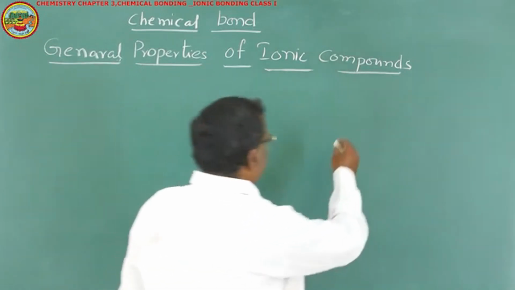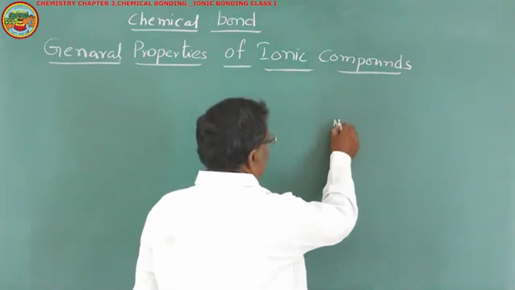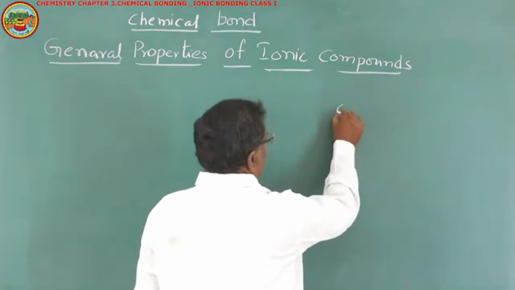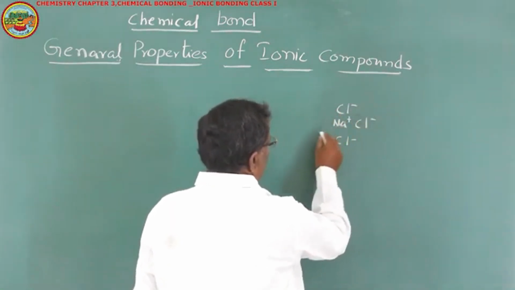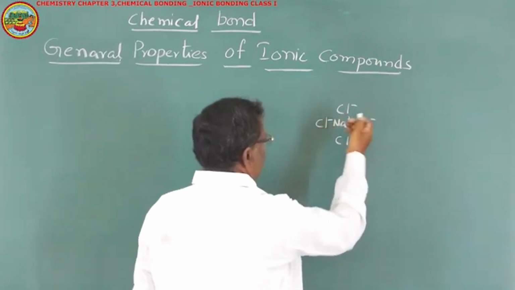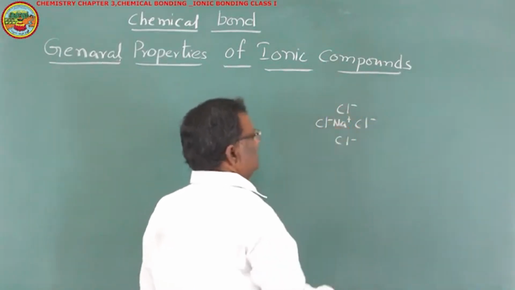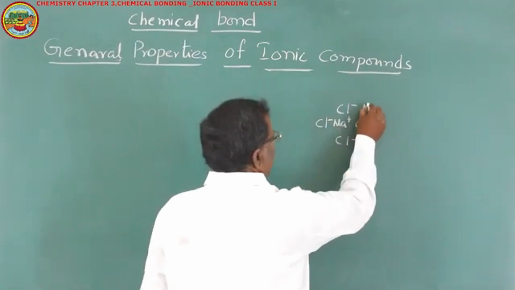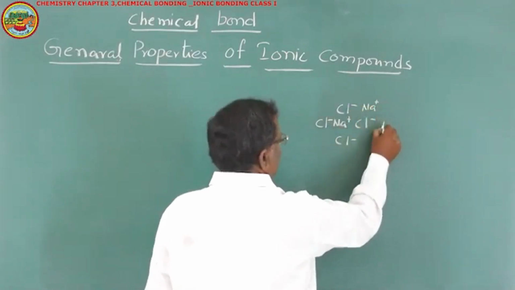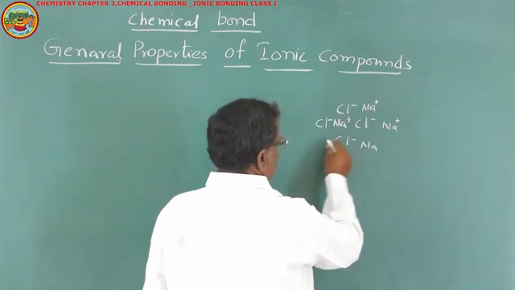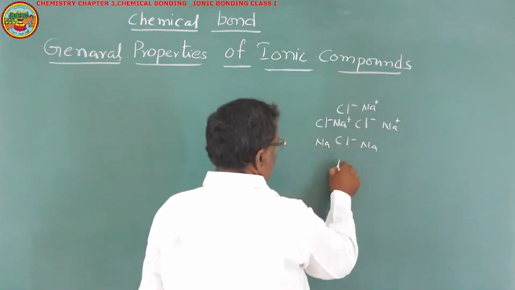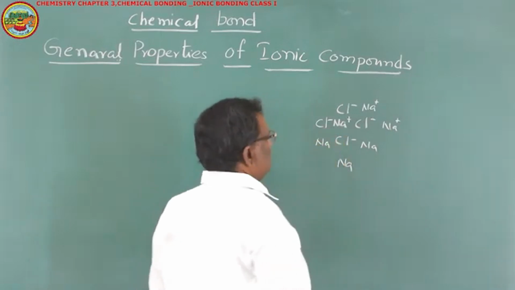That means, in an NaCl crystal, each Na+ ion is surrounded by 6 Cl- ions, one in the front and another in the back side, and each Cl- ion is surrounded by 6 Na+ ions, like this.